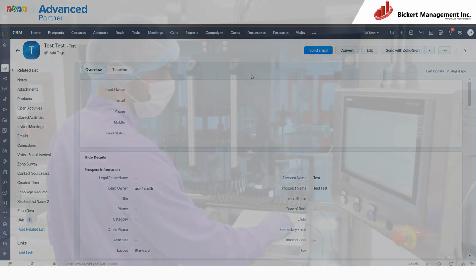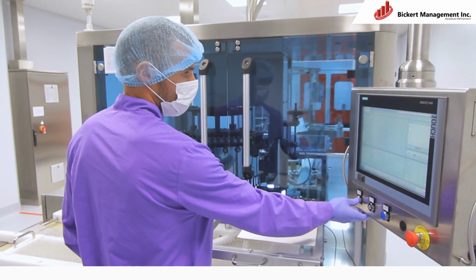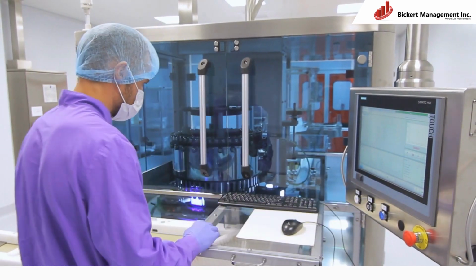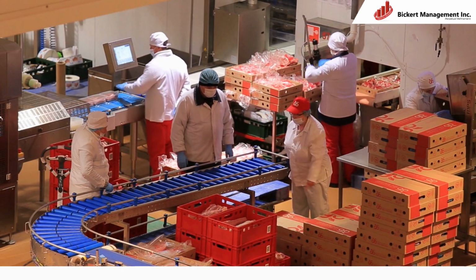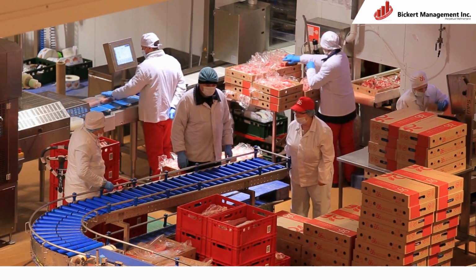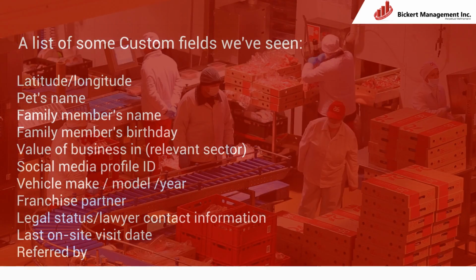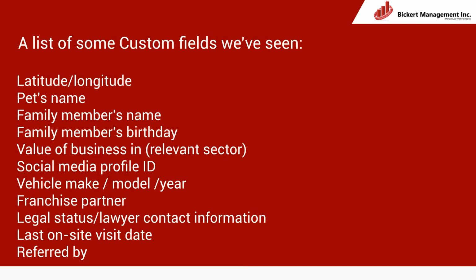So maybe they deal with hazardous materials, or maybe they are dealing with food or something like that. The kinds of information that you collect is very industry specific. So you might care a lot about what a customer's dog's name is, or what their legal status is, or how large their organization is, where they're located.